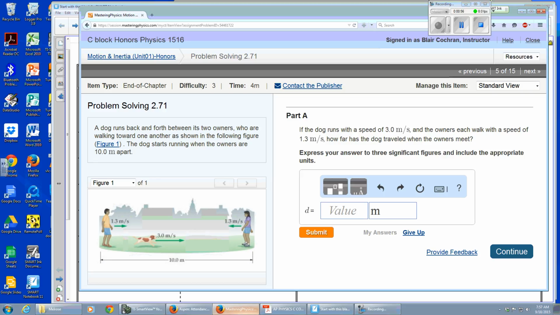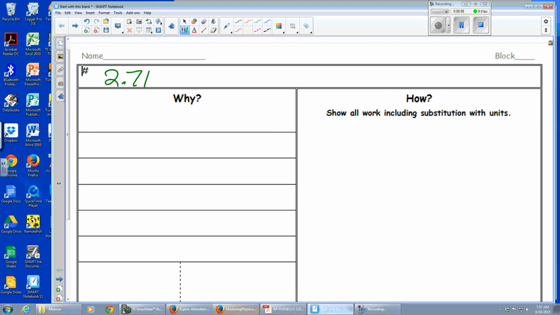So I might note that. They move with same speed, but opposite velocities.